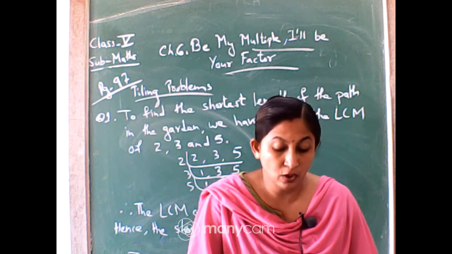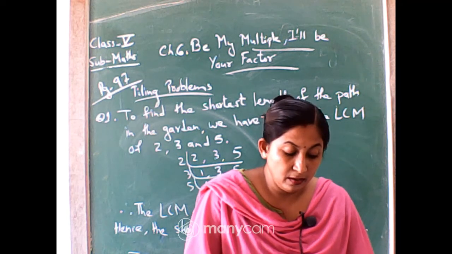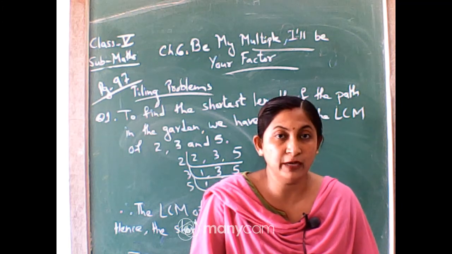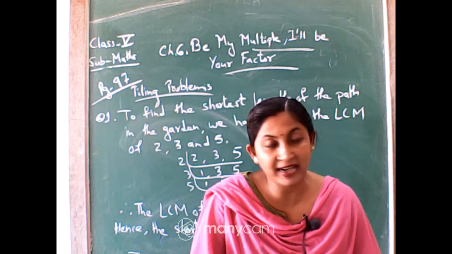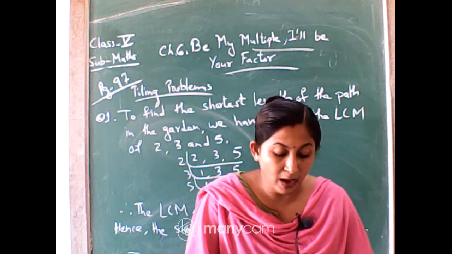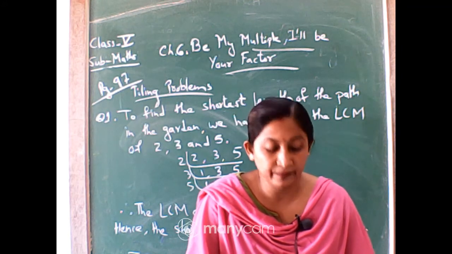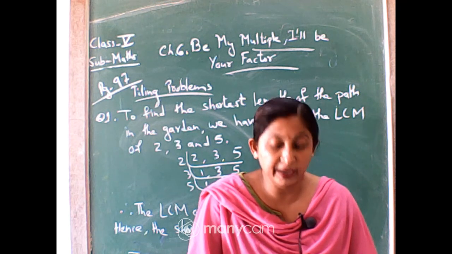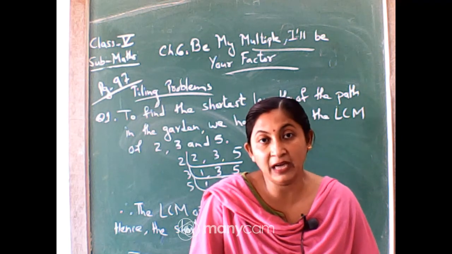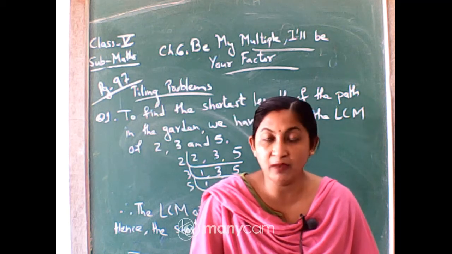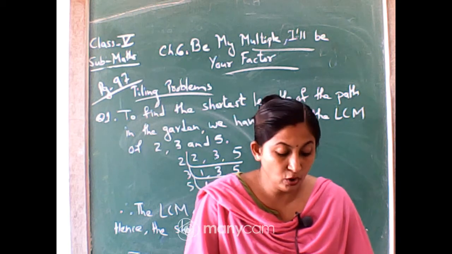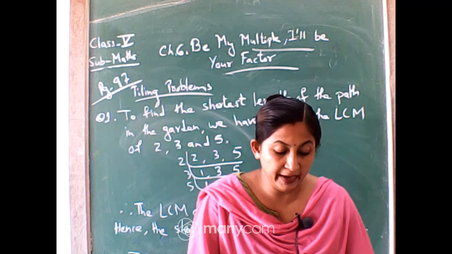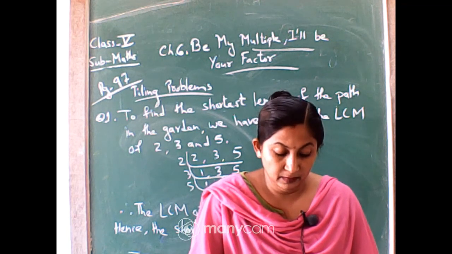Okay. So, as we know, 1 foot by 1 foot means 1 is the factor of all the numbers, isn't it? So, 1 foot by 1 foot he can use, and then 2 feet by 2 feet, 2 is not the factor of 9, isn't it? It is the factor of 12, but 2 is not the factor of 9. So, Manoj cannot use these 2 feet by 2 feet tiles.